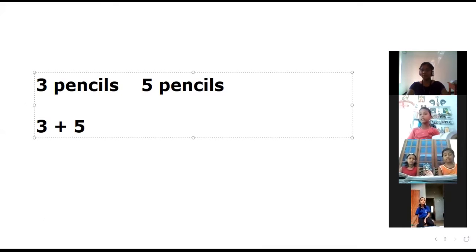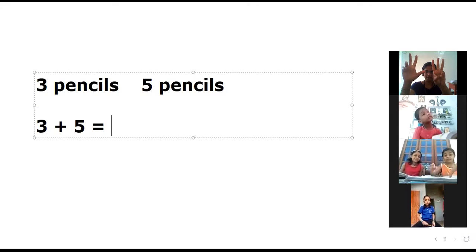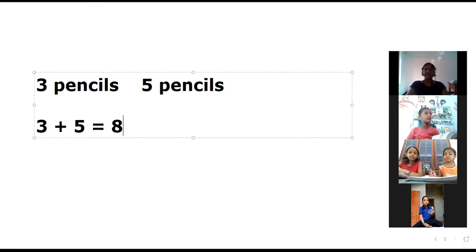That will be equal to how many pencils are there in total? 3 pencils plus 5 pencils. 1, 2, 3, 4, 5, 6, 7, 8. There will be total 8 pencils. If we put these two groups together, we get total 8 pencils in that group.